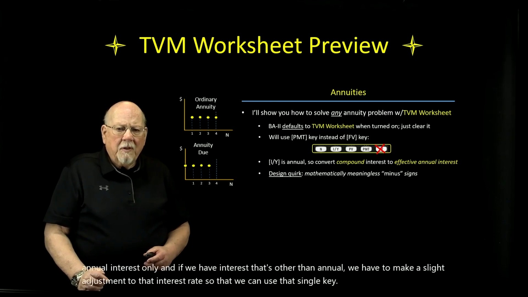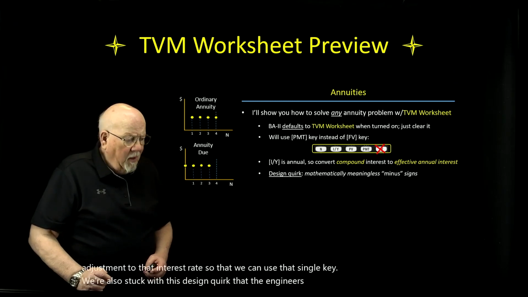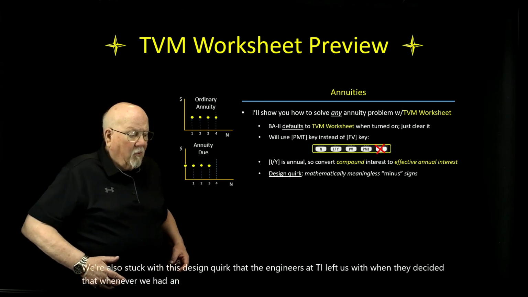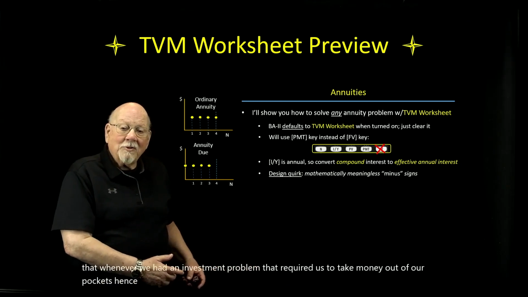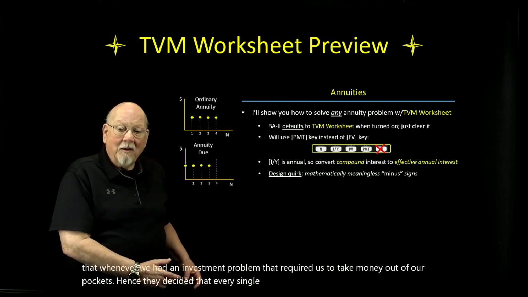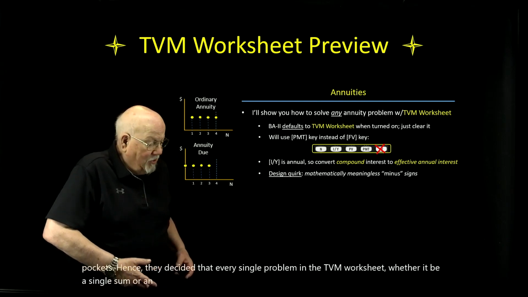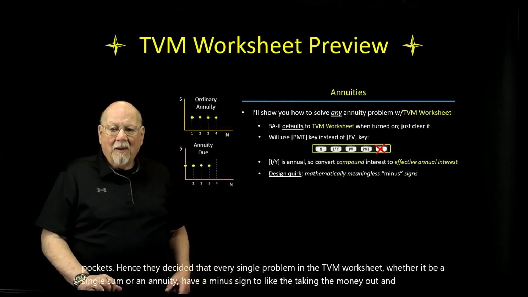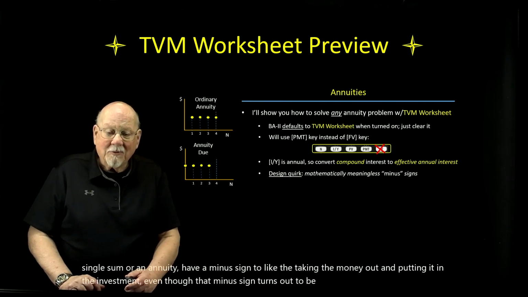And we're also stuck with this design quirk that the engineers at TI left us with when they decided that whenever we had an investment problem, it required us to take money out of our pockets. Hence, they decided that every single problem in the TVM worksheet, whether it be a single sum or an annuity, has a minus sign to reflect taking the money out and putting it in the investment, even though that minus sign turns out to be mathematically meaningless.